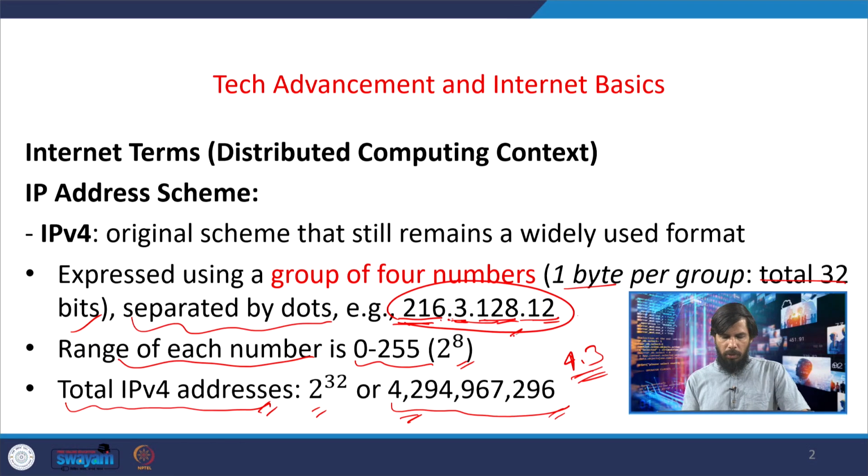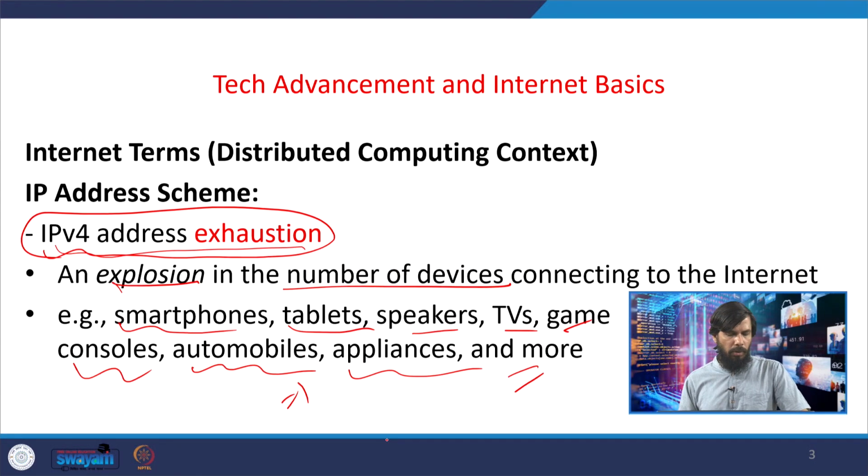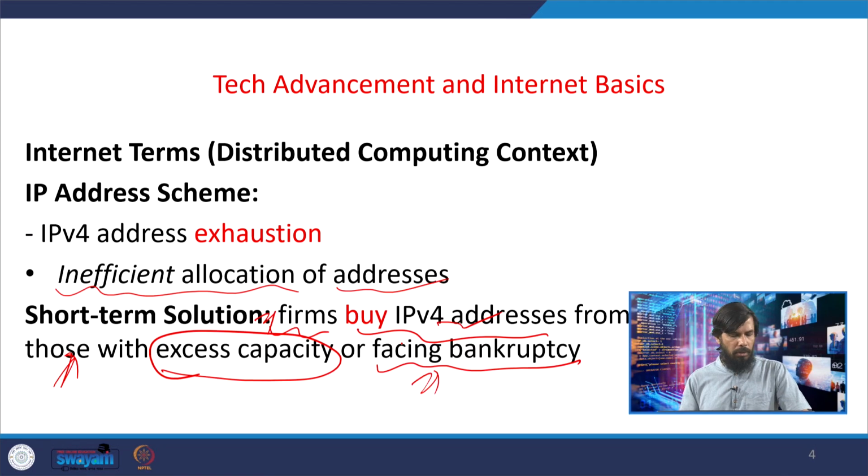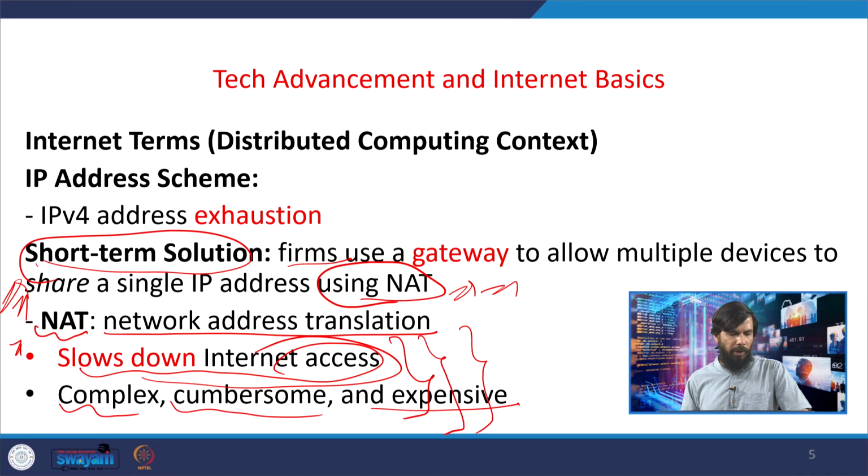We started with the IPv4 format and dotted decimal notation, 4 numbers, with a possible address space of 2 to the power 32, which looked quite big. But then we ran out of IPv4 addresses because of the explosion of devices and inefficient allocation. Then firms had to buy IPv4 addresses from other firms which have extra. And what was the better solution?